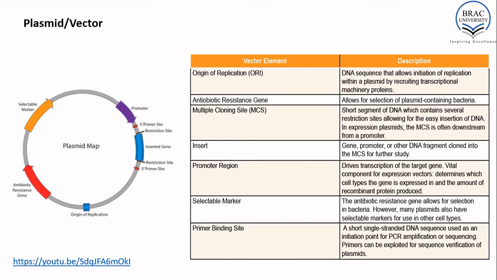All natural plasmids contain an origin of replication, which controls the copy number of the plasmid, and typically include a gene that is advantageous for their survival, such as an antibiotic resistance gene. In contrast, plasmids utilized in the lab are usually artificial and designed to introduce foreign DNA into another cell.